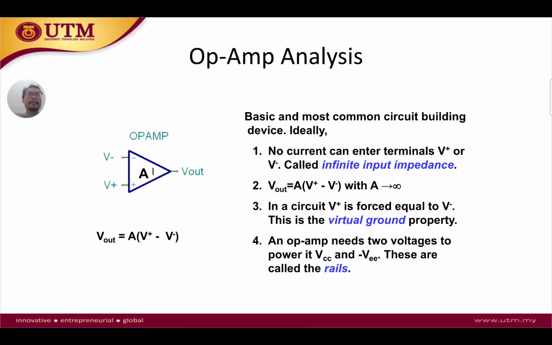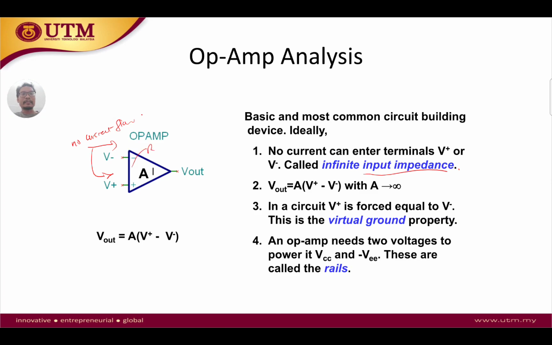Let's do some mathematical analysis on the operational amplifier. The basic and most common circuit building device, ideally, no current can enter the terminal. As mentioned, no current flows. It's a very important concept to understand that no current flows into V plus and V minus, because of the infinite input resistance.